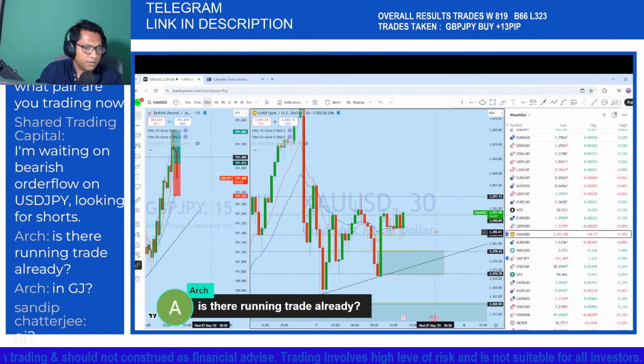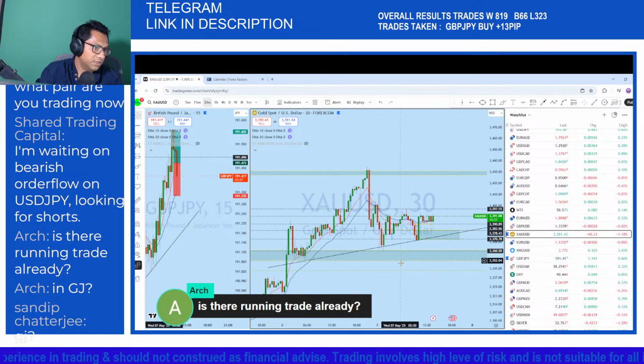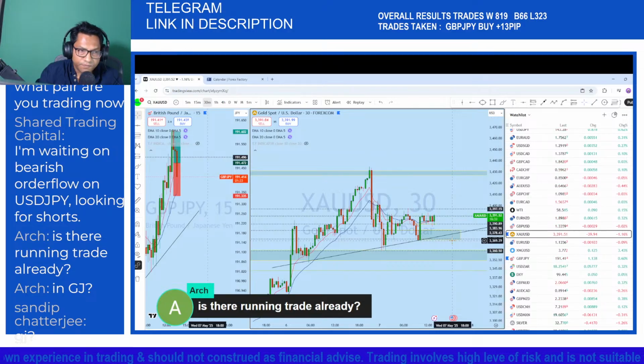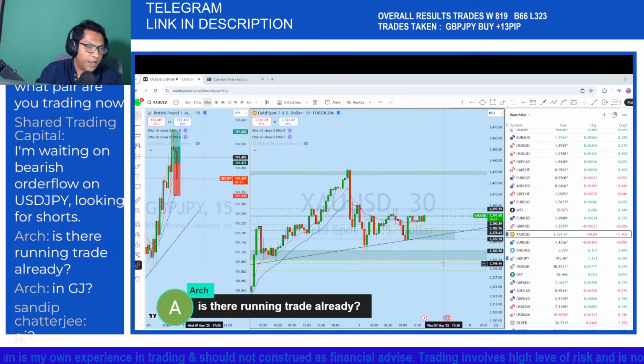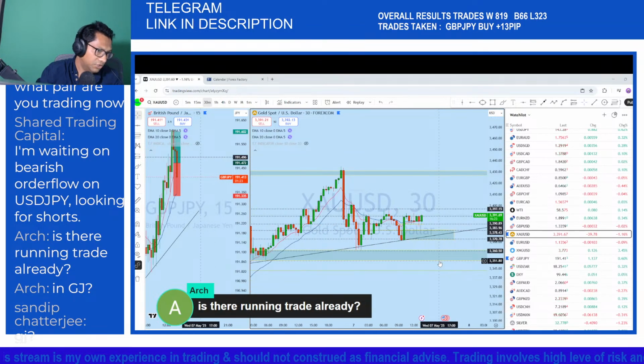So when it is in a complete choppy, we need to always look for the bigger picture, because from this consolidation the market is likely to break in one direction, and the way it will break is in the major direction of the trend.